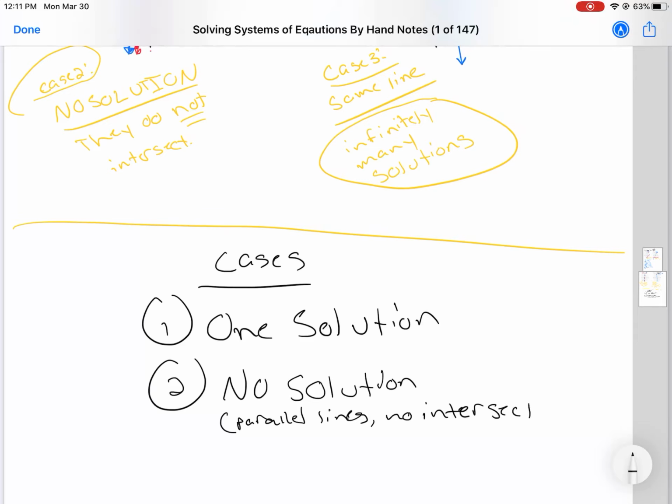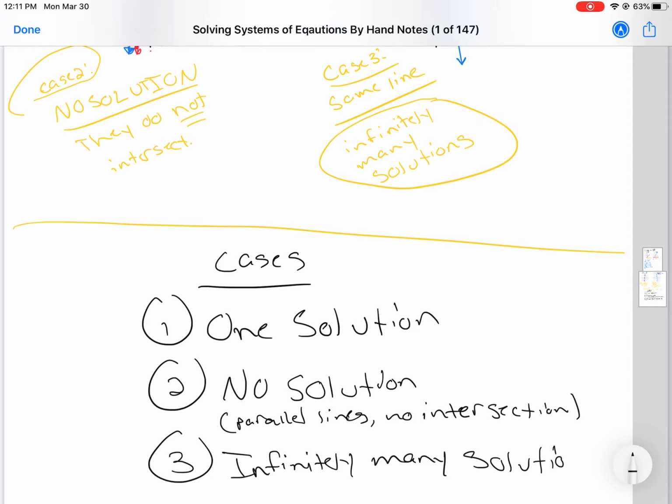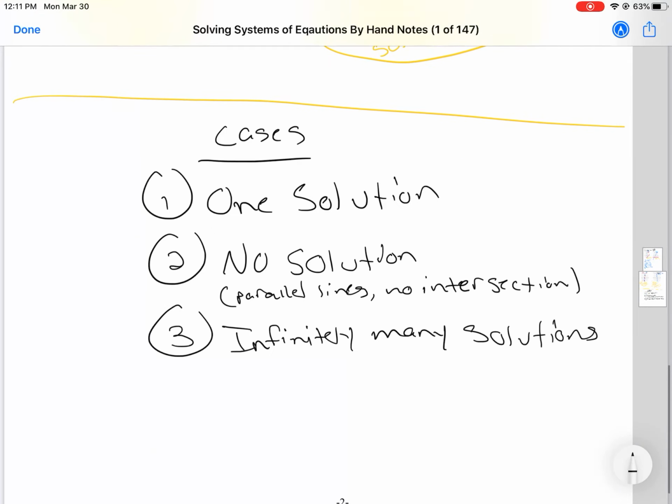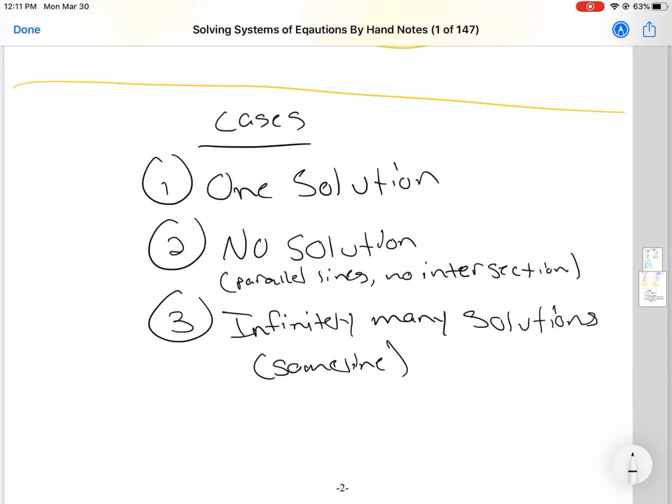No intersection. And case 3, we have infinitely many solutions. And what that means is we have the same line. So those are the 3 cases for these scenarios here.